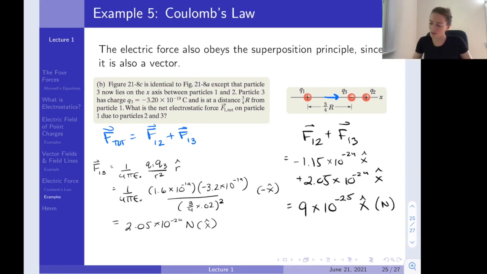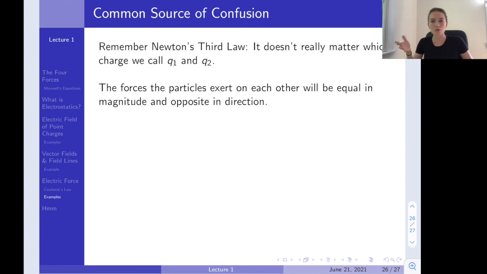Okay, and then just one little source of confusion sometimes is, even though Newton's third law has Q1 and Q2, remember those, it doesn't really matter which charge you call Q1 and Q2, because the charges are going to feel equal and opposite forces, right?